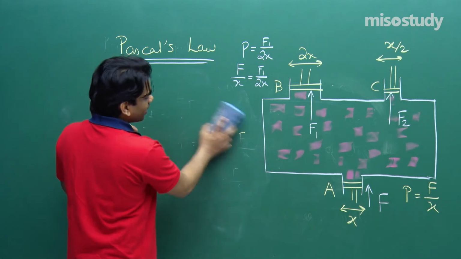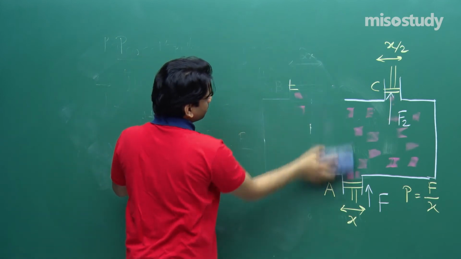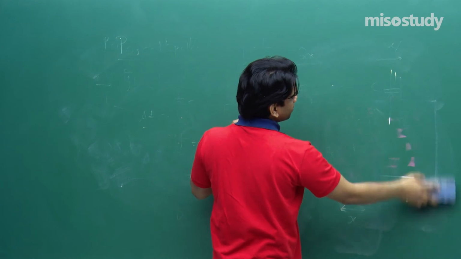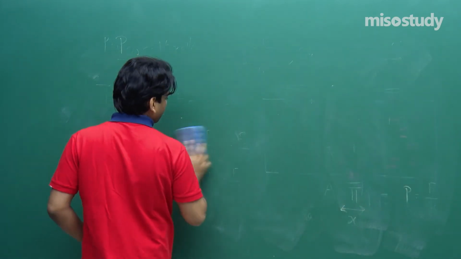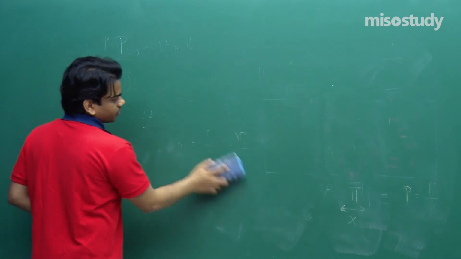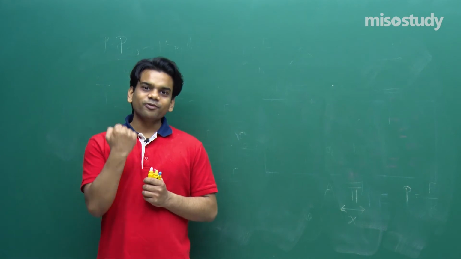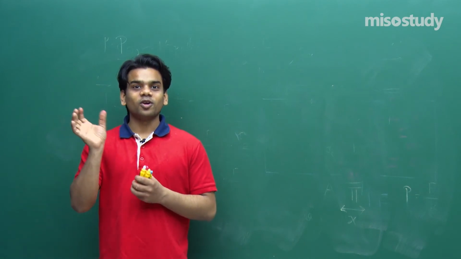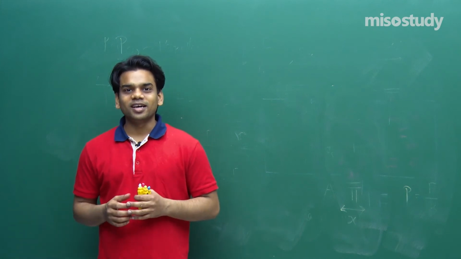Now, why have we learned this? Are there any practical applications of Pascal's law? With this demonstration we can understand an application of Pascal's law. We saw that you exert a force F. You obtained twice the force F in one piston, and just half the force in the other piston.